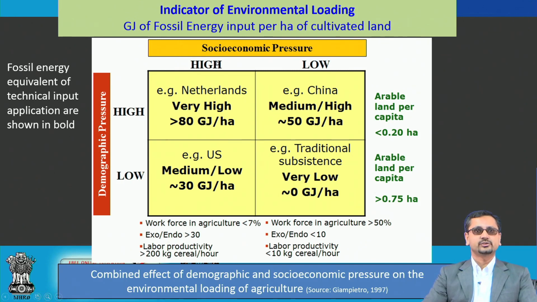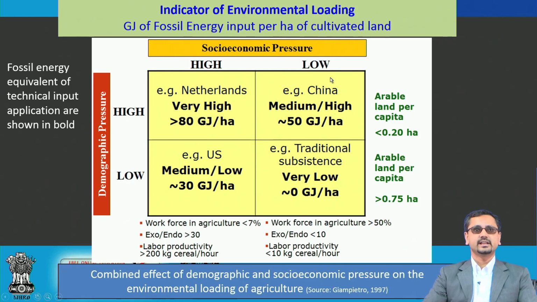For the same high socio-economic pressure where the demographic pressure is low, for example in the US, it is medium to low energy input agricultural ecosystems, with energy input around 30 gigajoule per hectare.